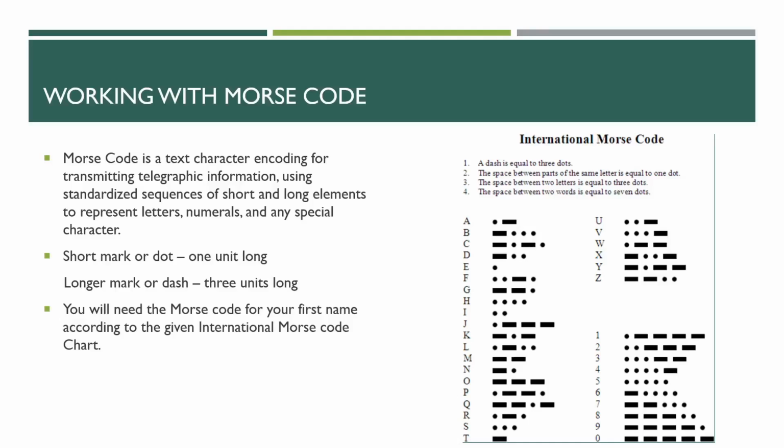A short mark is 1 unit long, whereas the longer mark is 3 units long. In our code, we will make changes in the delay functions by increasing and decreasing the delays in order to represent these two functions.